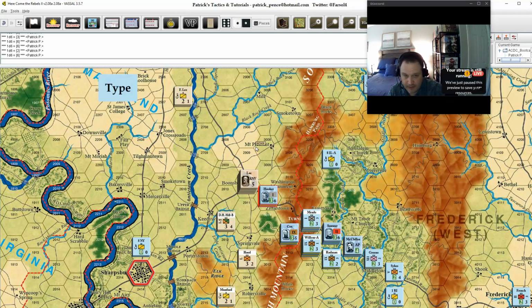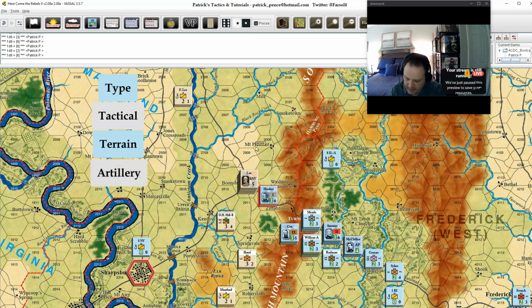But the modifiers come down to essentially what we've just done. You've got type, right? And then you've got tactical ratings. You compare the tactical ratings. You've got things like terrain. So you got your 3 T's right there on the top. You've got artillery considerations, and then you'll have manpower considerations, and then finally you'll have the possibility of flanking, and that's a little more advanced topic that we'll get to in just a bit.